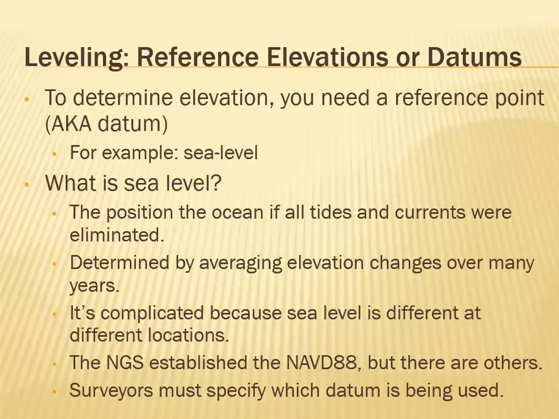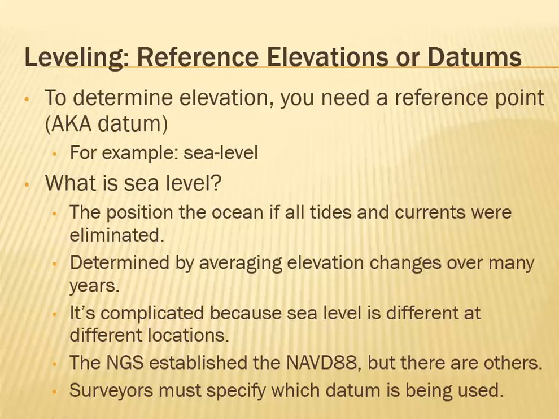The definition of sea level is a lot more complicated than you would imagine. For one, the sea level is different in different points of the world. Even within the United States, the sea level on the East Coast is not the same as sea level on the West Coast. And one of the main complications is we have tides. So the tide goes in, the tide goes out, and that changes sea level.